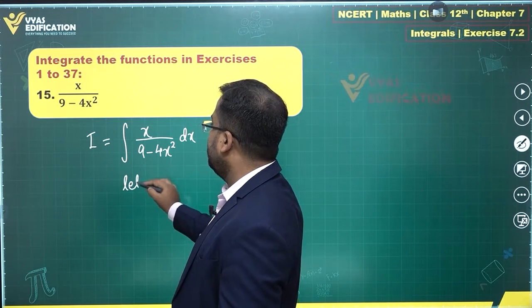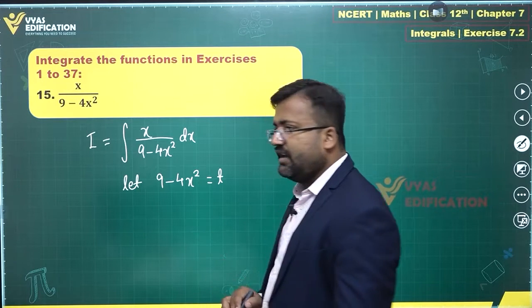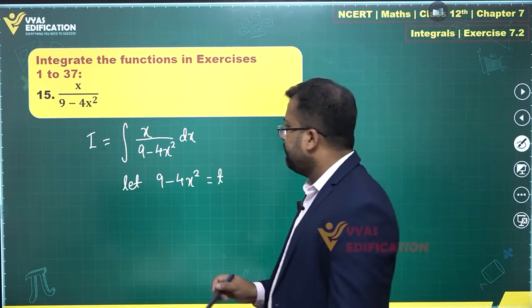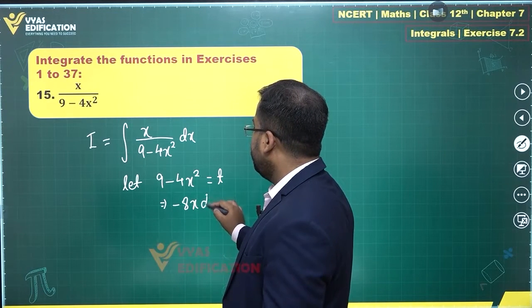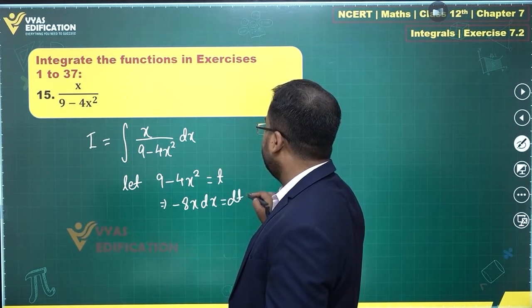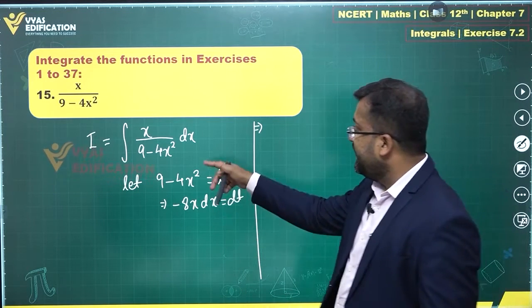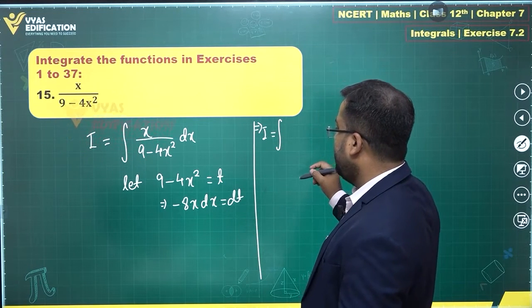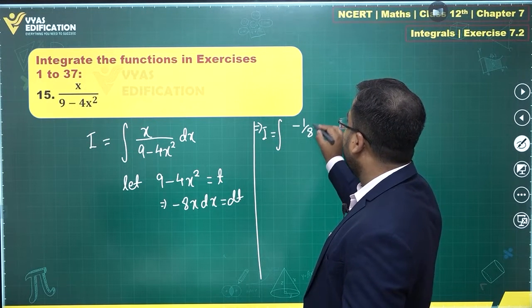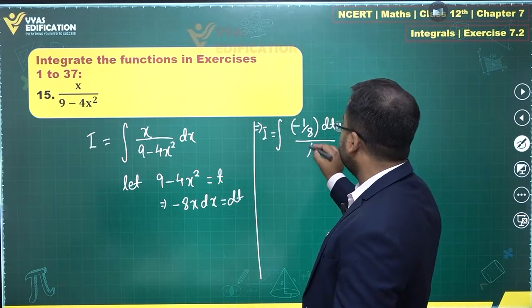Let 9 minus 4x square is equal to t. If that is the case, then minus 8x dx is equal to dt. And this further tells me that x dx is minus 1 by 8 dt over 9 minus 4x square, which is t.